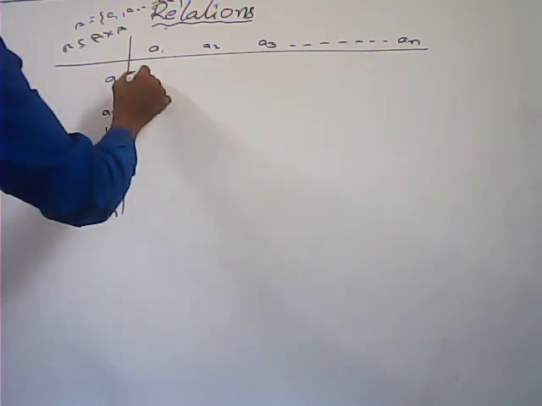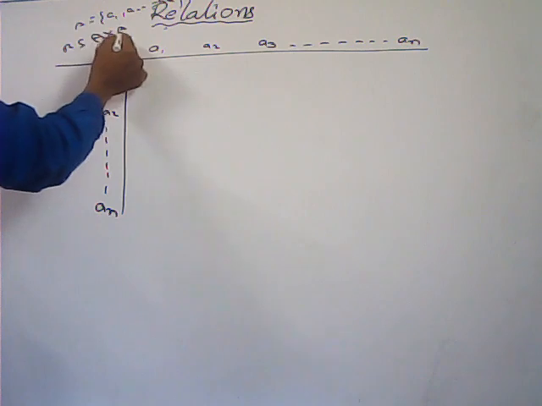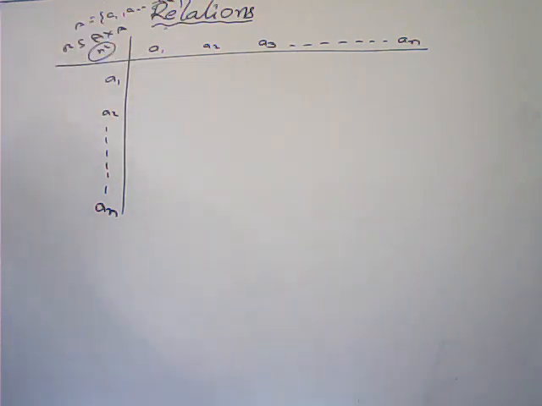Now A cross A, what will you get here? A contains n elements, so the number of elements in A cross A is n into n, n square elements.